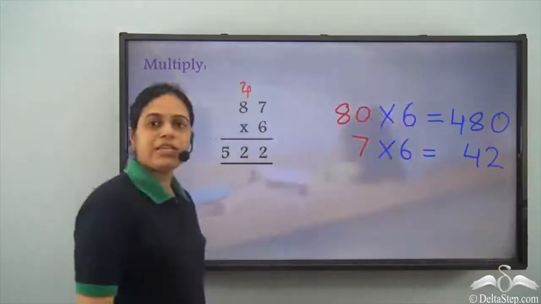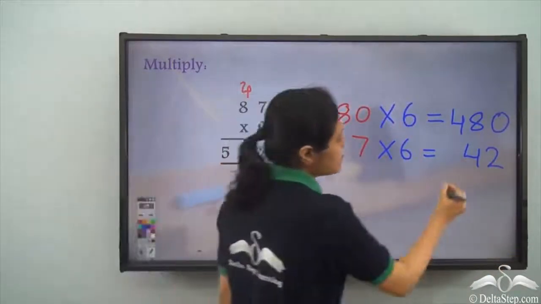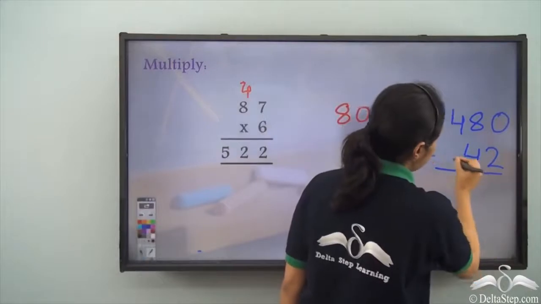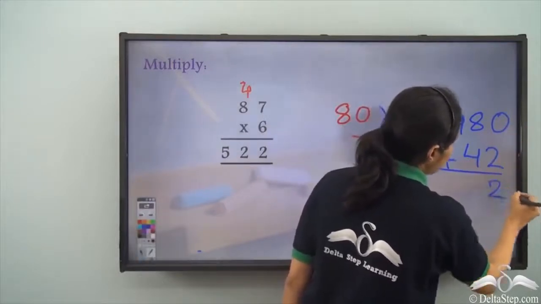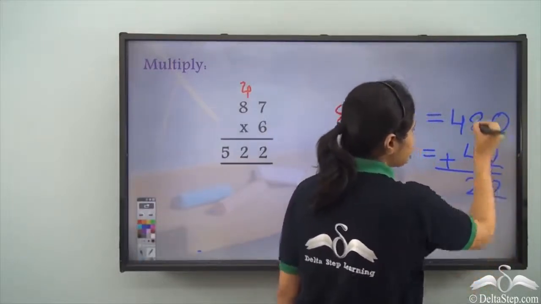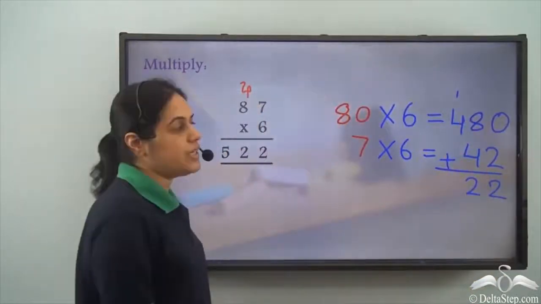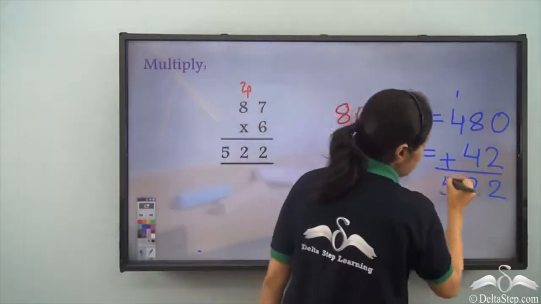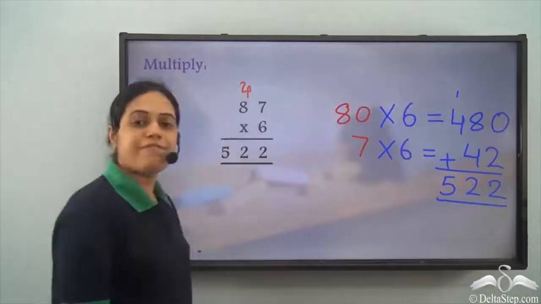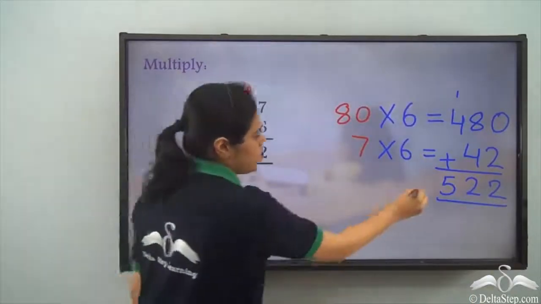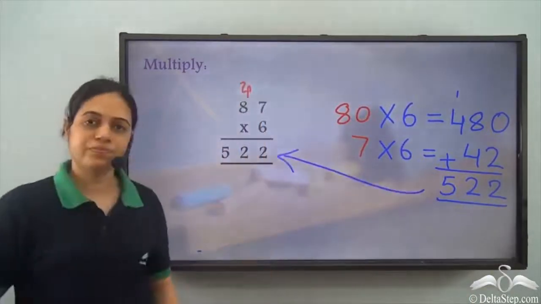So I put a 0 at the end and I add these two. So 0 plus 2 gives me 2. 8 plus 4 gives me 12. 2, 1 carry. 1 plus 4 gives me 5. So I have 522, which is the same as this.